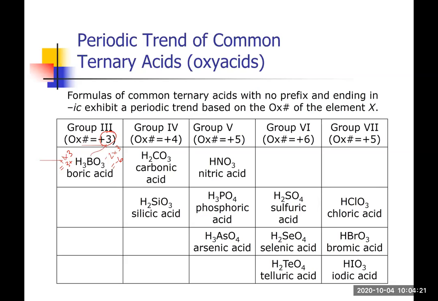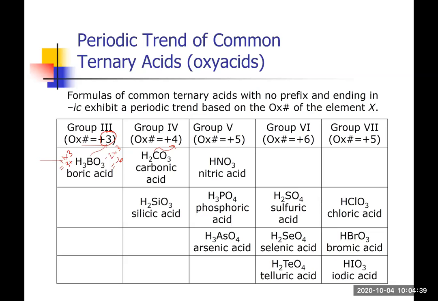In group 4, we're going to have species that have a +4 oxidation state. Both carbon and silicon, and carbonic acid and silicic acid, would have a +4 oxidation state. And you can calculate that similarly to the way we just calculated boric acid.